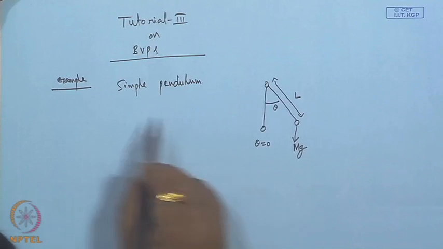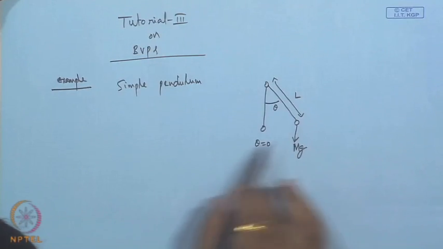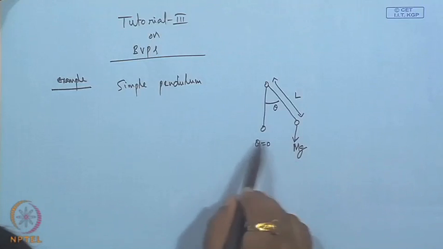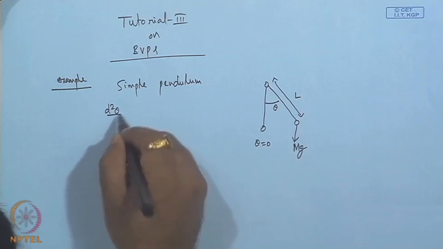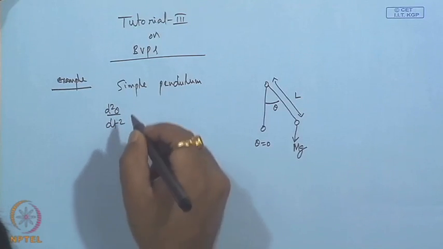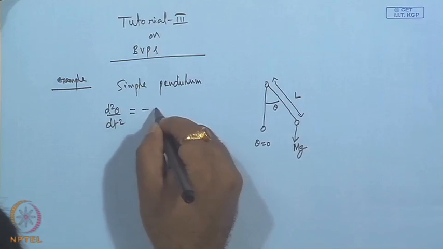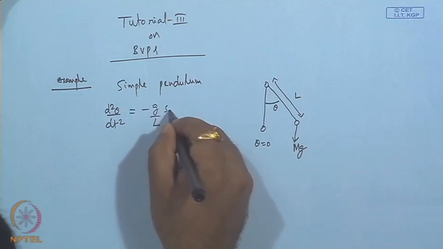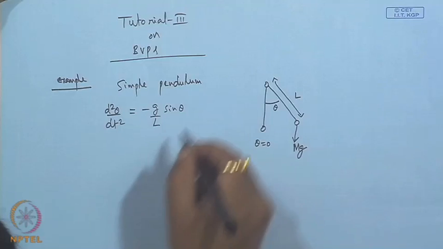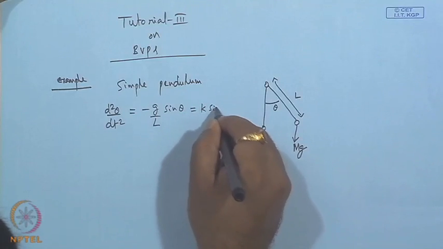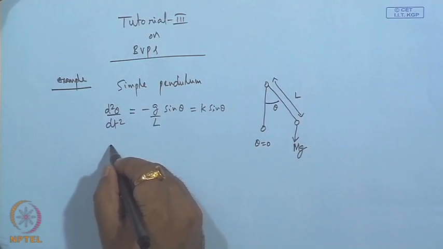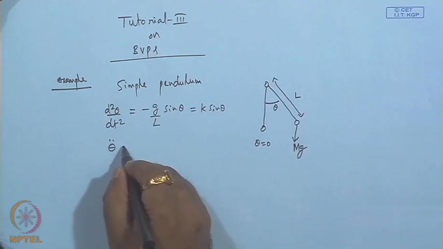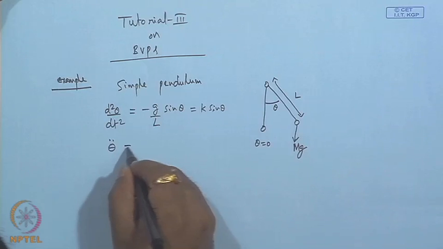I do not want to explain the physics behind it, because by balancing the forces one can obtain d square theta by dt square equals minus g by L sin theta. This one we can call k sin theta.